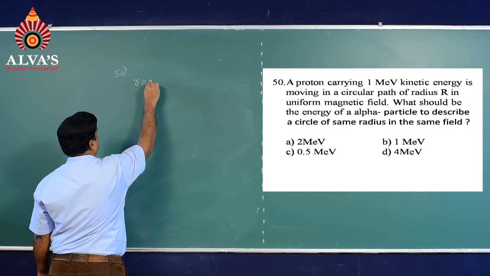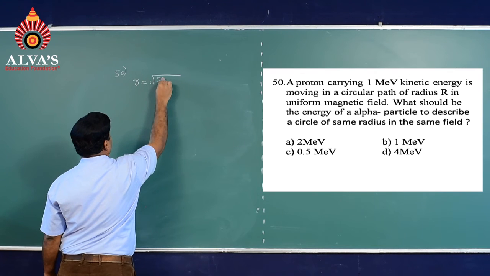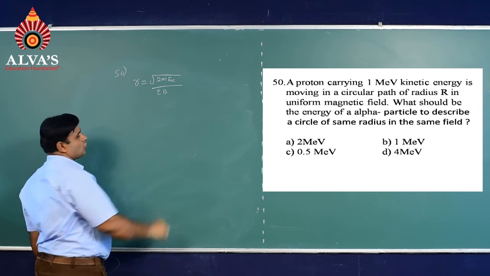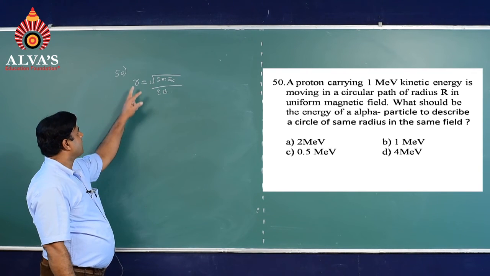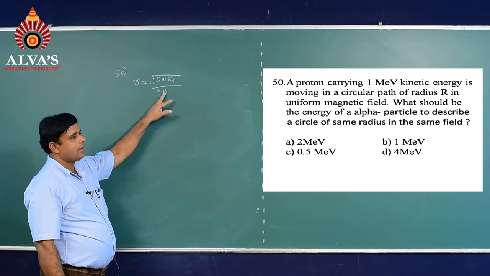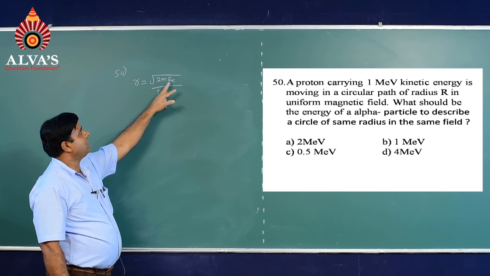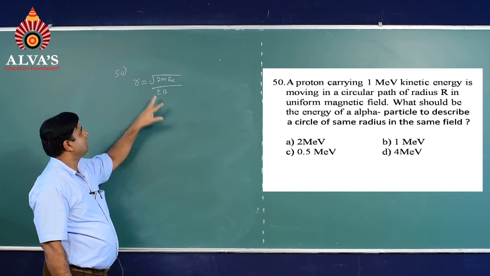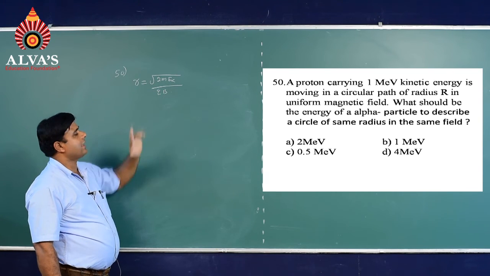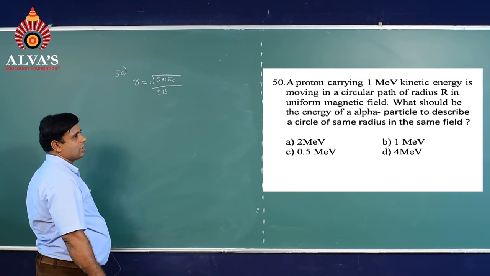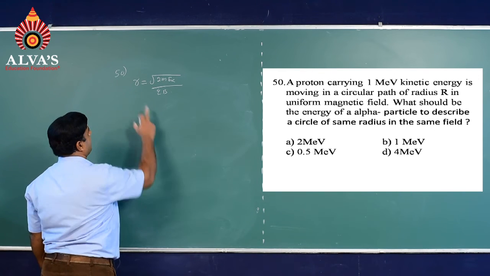Radius of the path in terms of energies is root of 2m into kinetic energy divided by q into B. Here r is same, B is also same, but mass is different, charge is different, kinetic energy is also different. So, one is proton, second is the alpha particle.